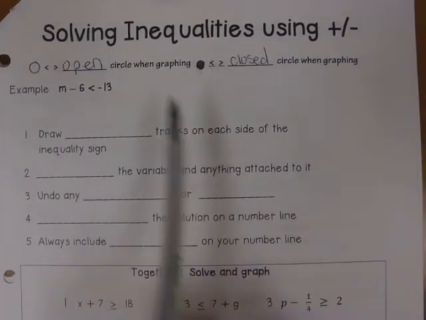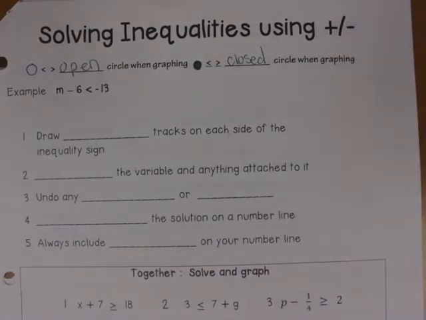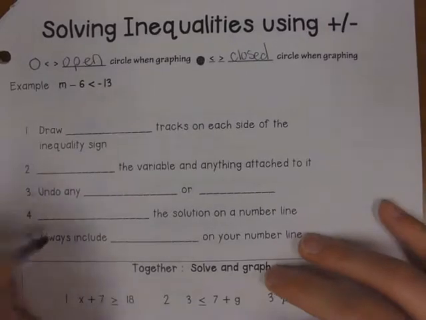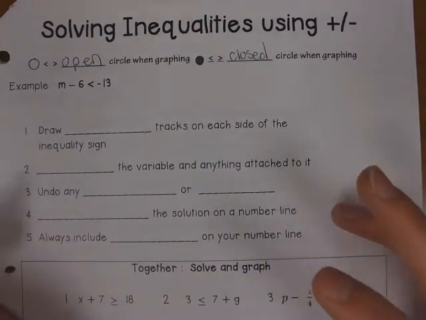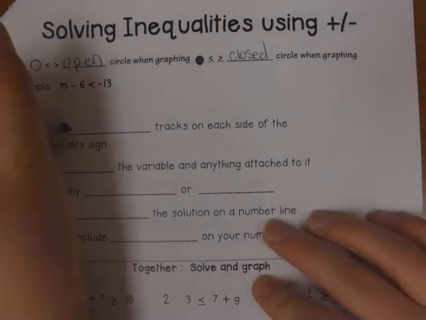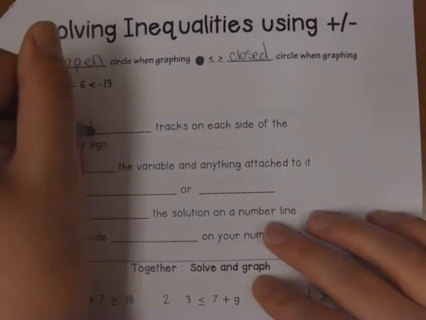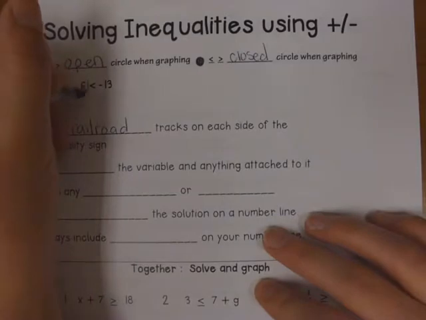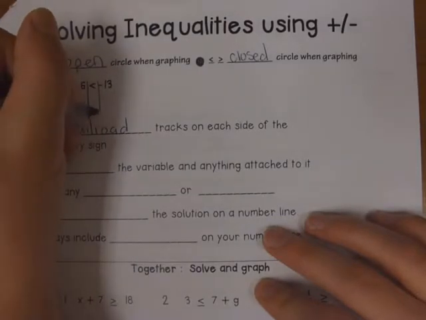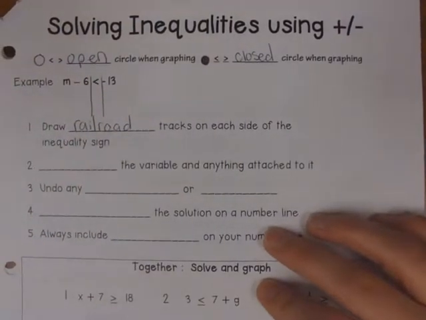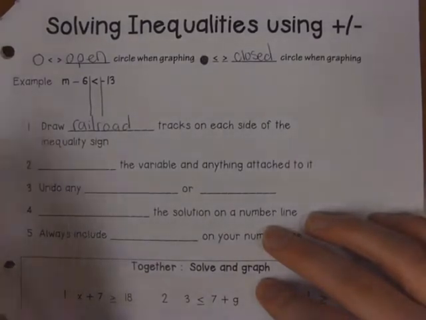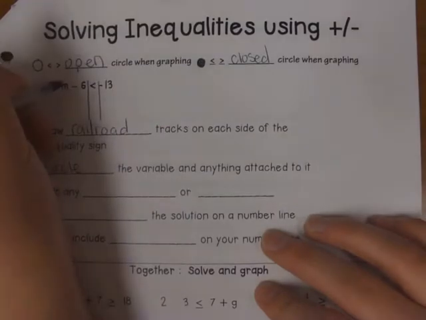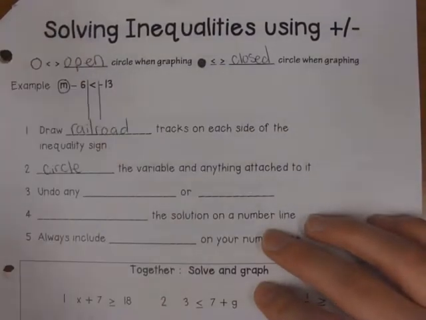Okay, so now when we are solving inequalities, the steps are very similar, if not identical, to solving equations. You draw your railroad tracks on each side of the inequality sign. And then step 2 is to circle the variable and anything attached to it. In this case, it's just the variable.